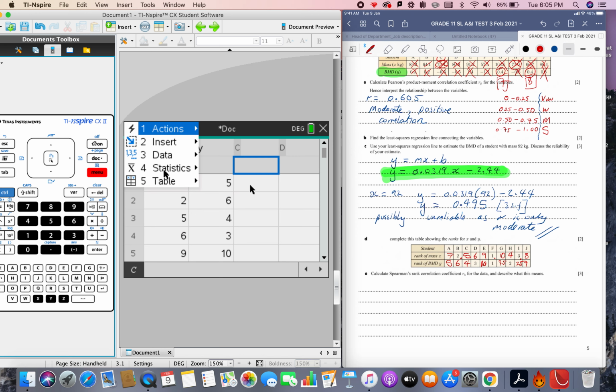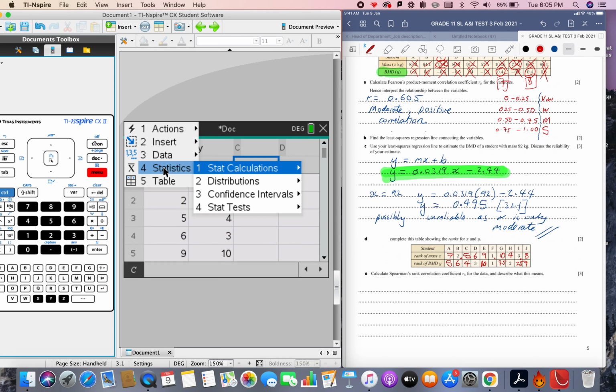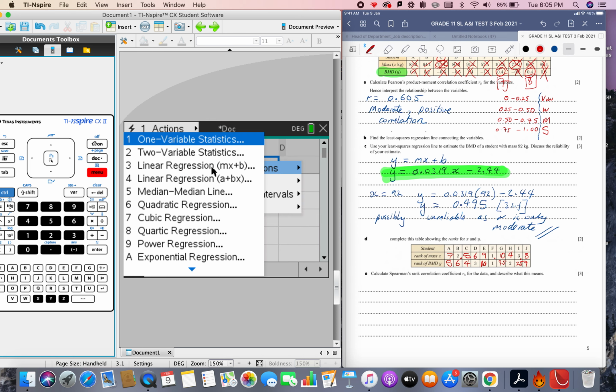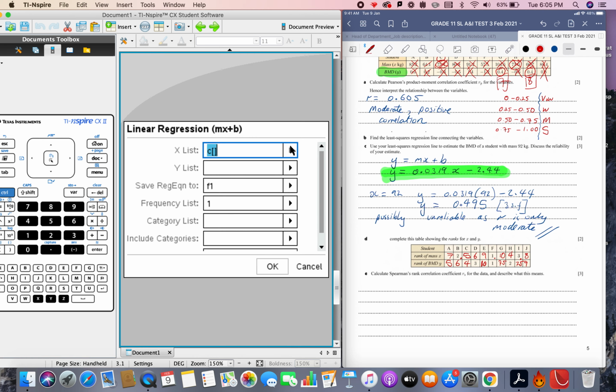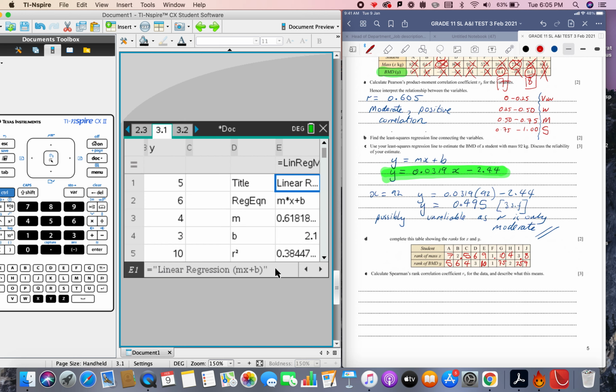So menu statistics, stat calculation, and we'll do a linear regression again, option number 3, and again we just choose the X values here because that's the only variable, and here's the Y value here. Off we go, and let's scroll down.